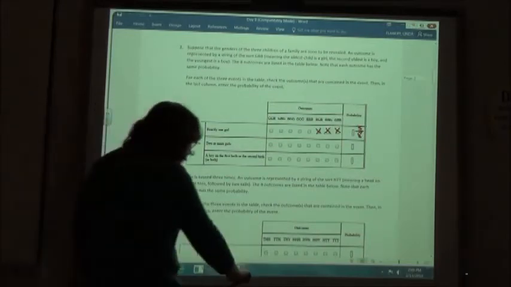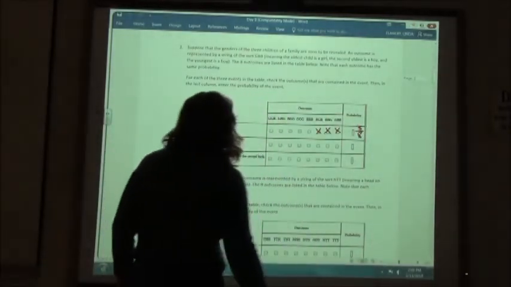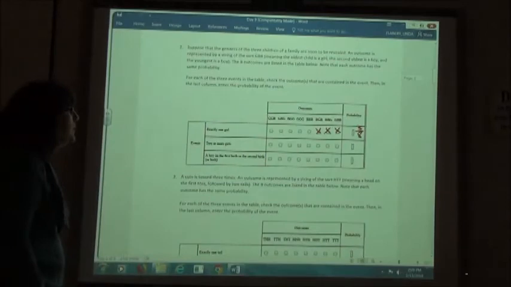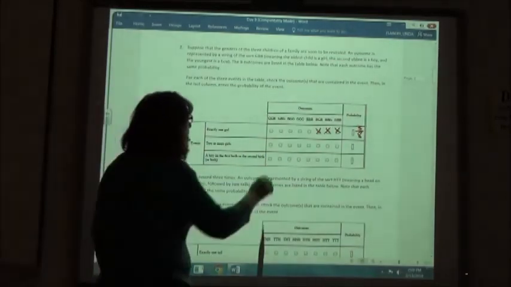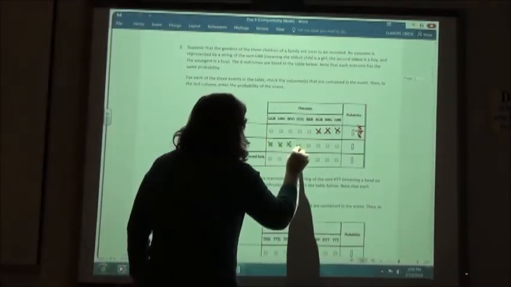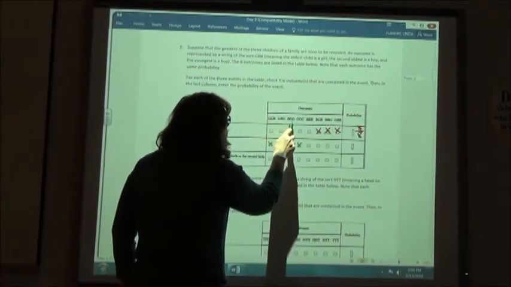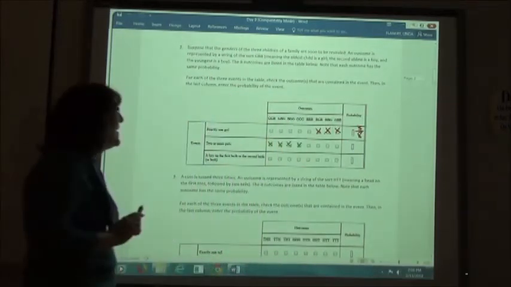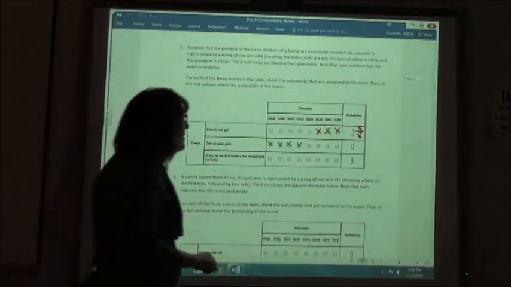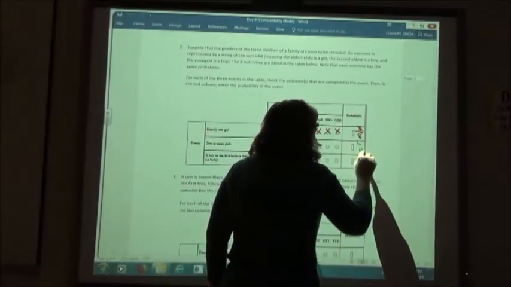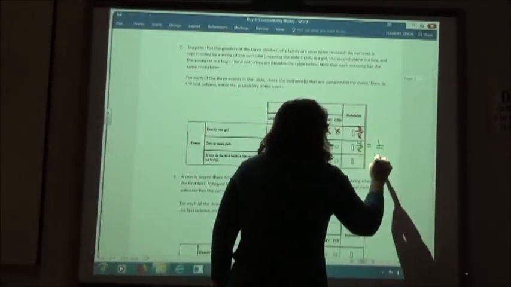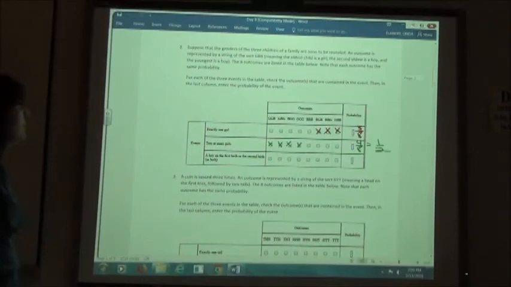Event 2, 2 or more girls: the first 4. We have 2 girls, 2 girls, 2 girls, and then we have 3 girls. So that one would be 4/8 or 1/2. 1/2 would be my answer in best form.